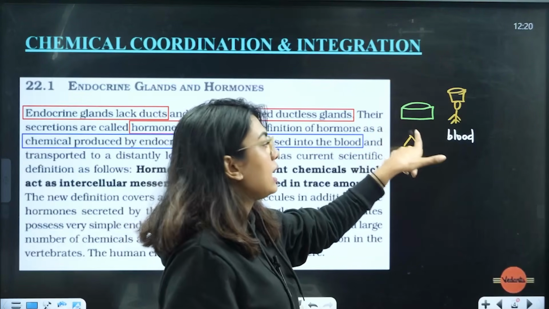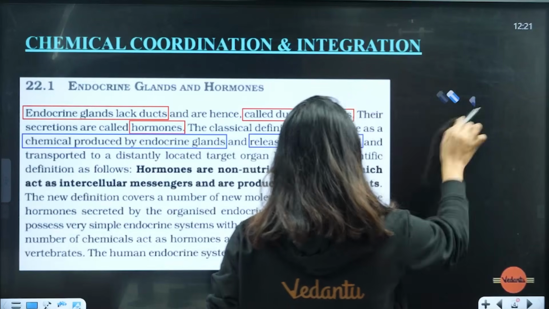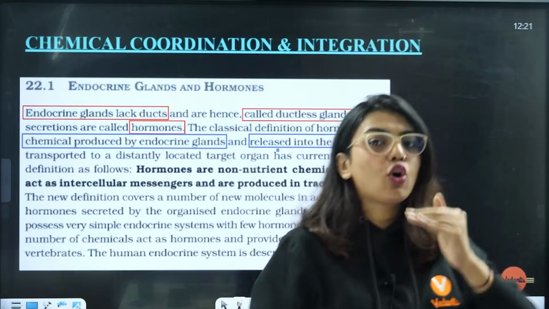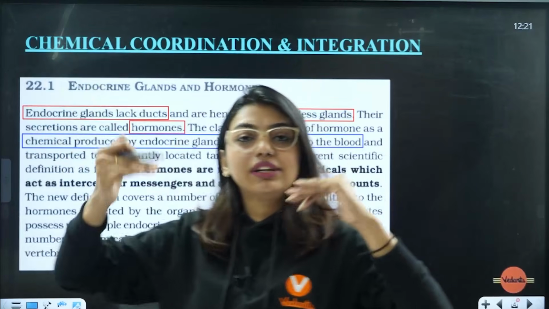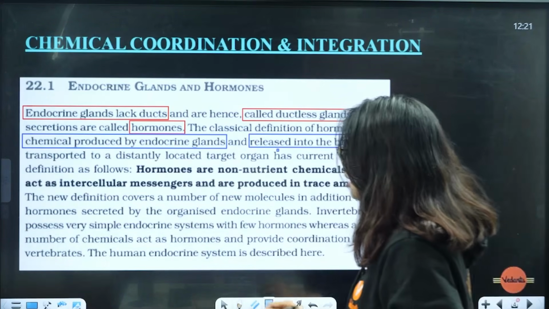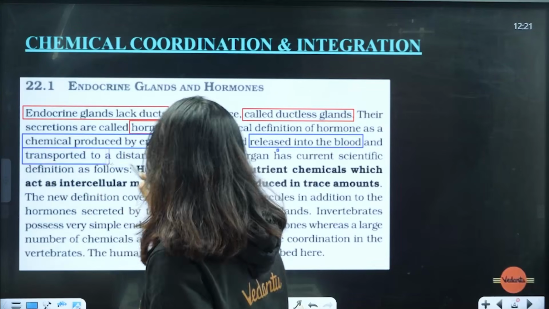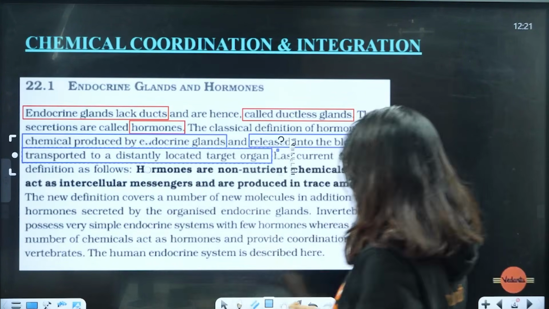Similarly, here we do not have ducts. Same system in the endocrine gland as well. We add the hormones into the blood, and the blood goes with the hormones and gives them to the target organs. So it is released into the blood and transported to the distantly located target organ.